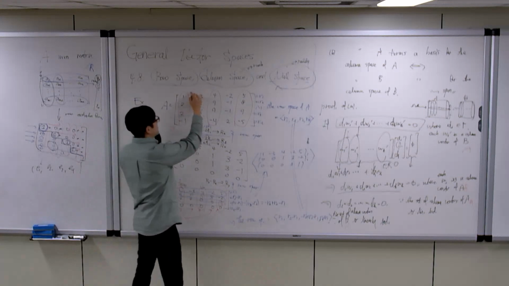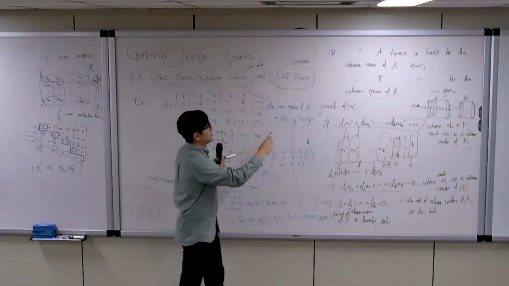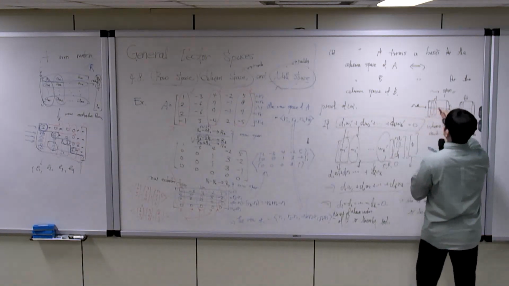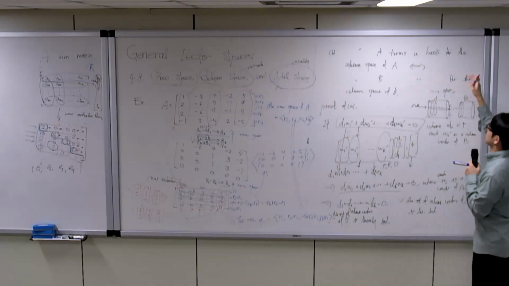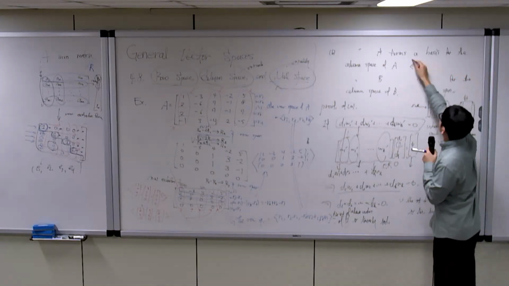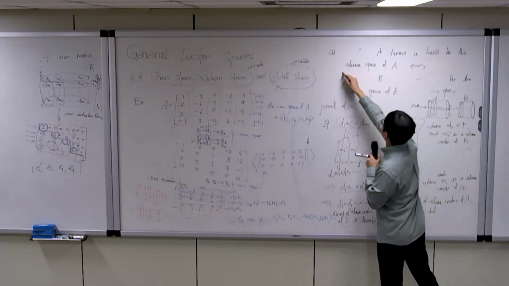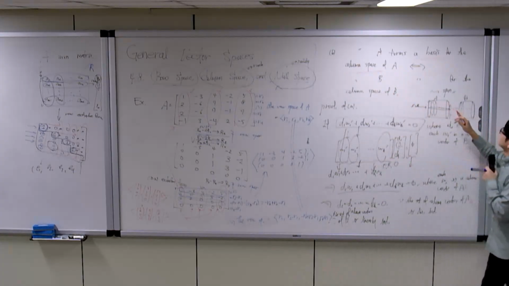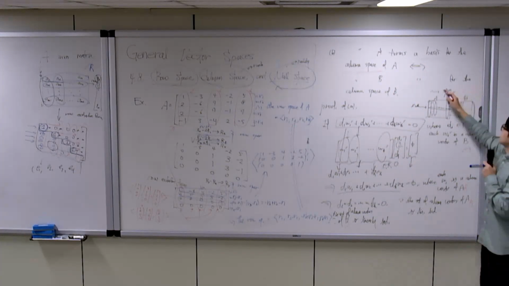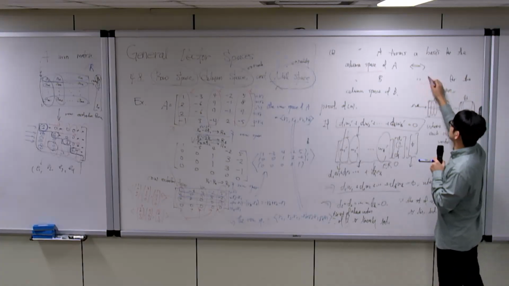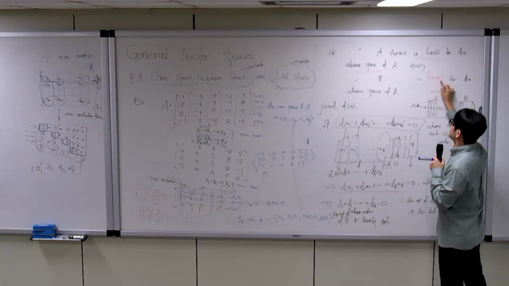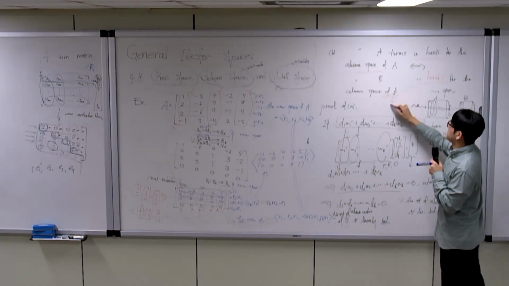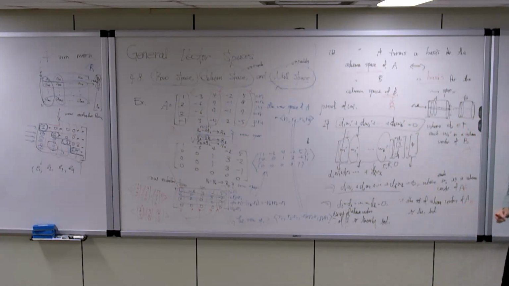That was the last theorem. It forms a basis, and it is also a basis of B. Here B is the row echelon form.